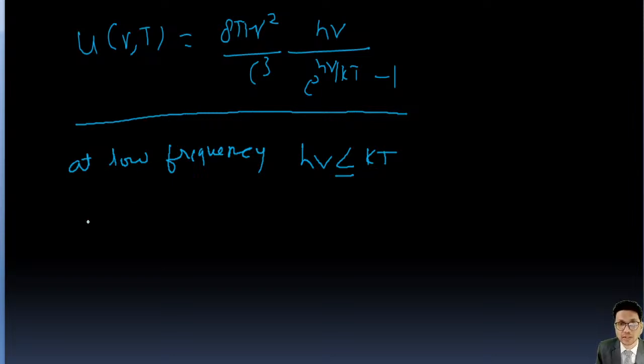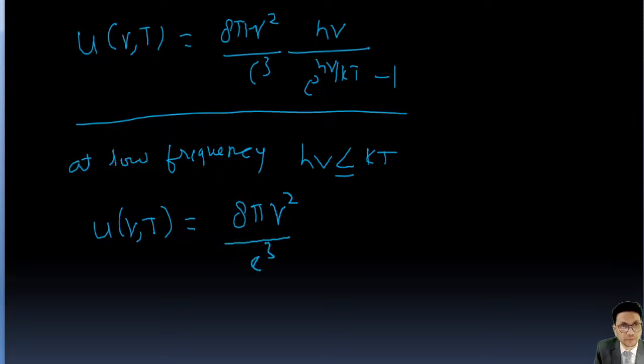So in that case we can write u, which is a function of T, equal to 8 pi nu square upon c cube into h nu. We can expand it because h nu is very small, so we expand it till two terms only.